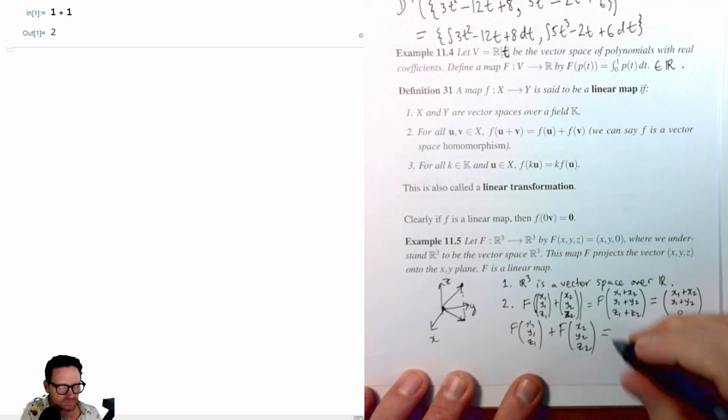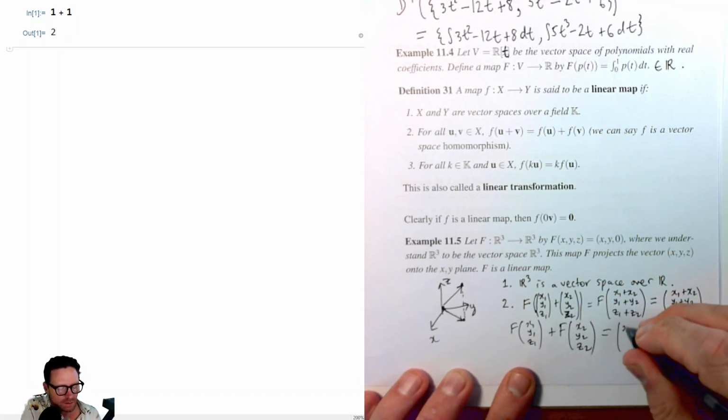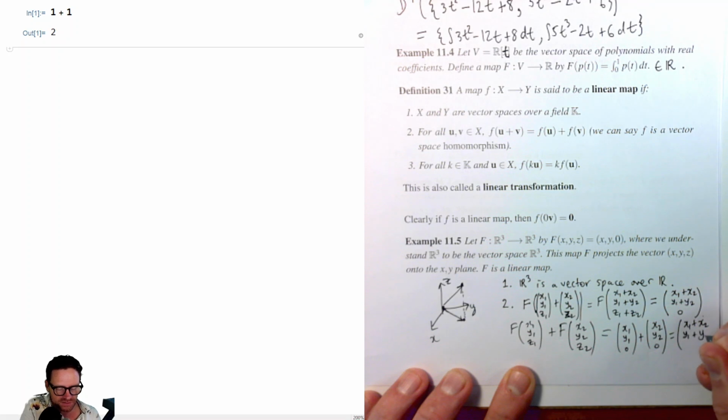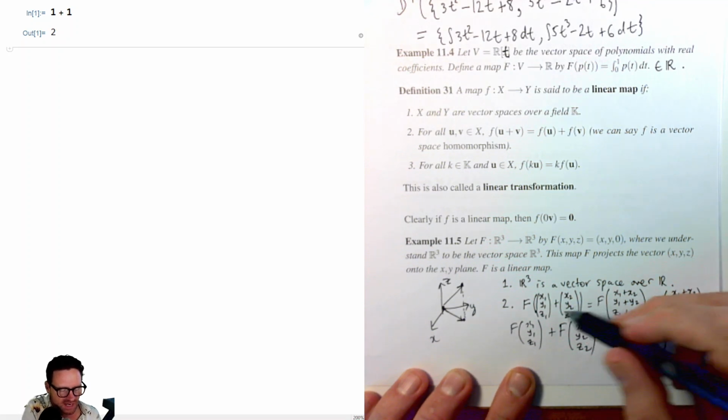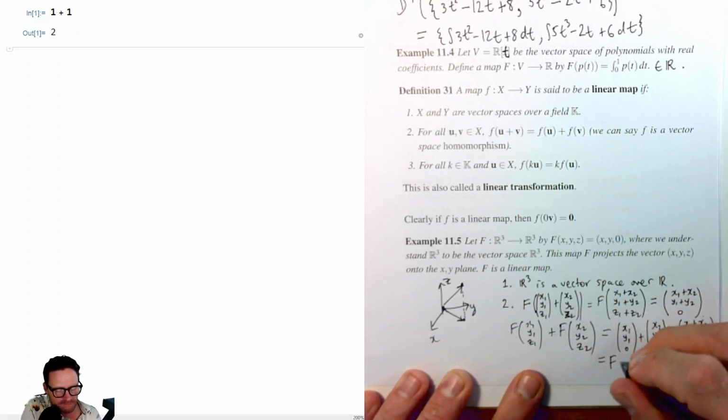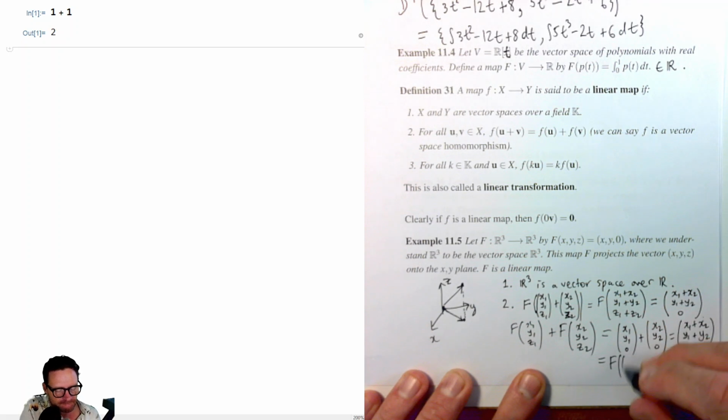Okay, so we have x1, y1, 0 plus x2, y2, 0, which is x1 plus x2, y1 plus y2, 0. And it's the same as what we have here in the line above it. So the second property holds.